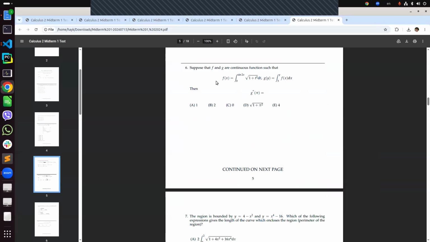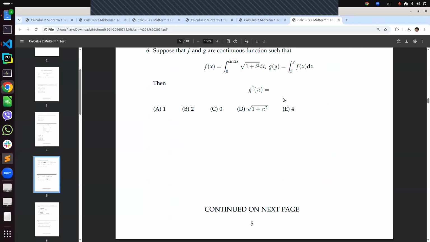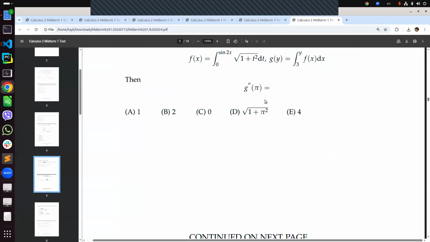It's given some function f of x, and given some function g of y, and the question is to calculate the second order derivative at pi. Second order derivative is the derivative of the first order, right?